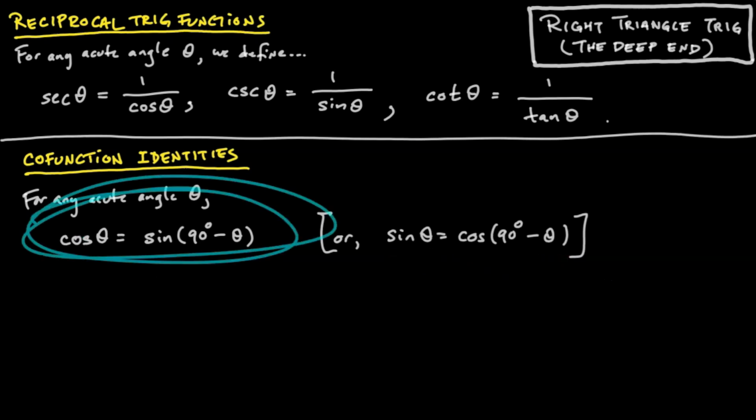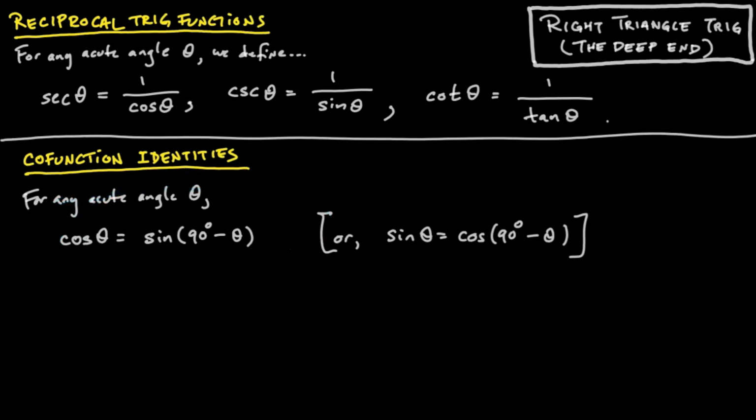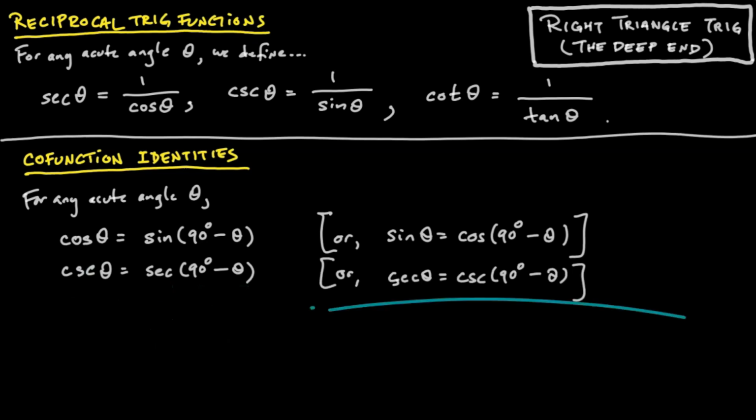Okay, we proved that last time, but the suggestive names of our other cofunction pairs hint at a couple of other important cofunction identities. For example, the cosecant of theta is going to be equal to the secant of theta's complement. Or if you care to turn that around, the secant of an angle is the cosecant of its complement.